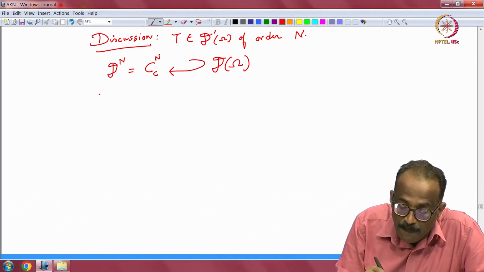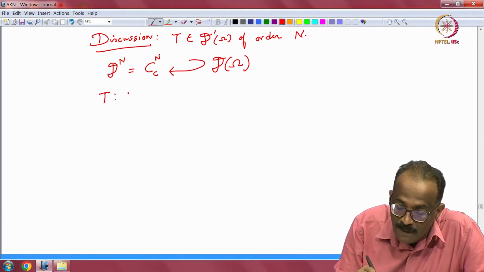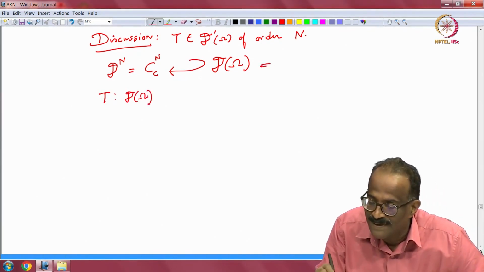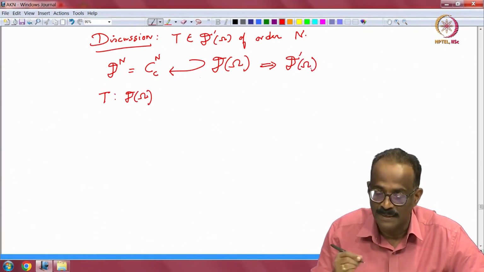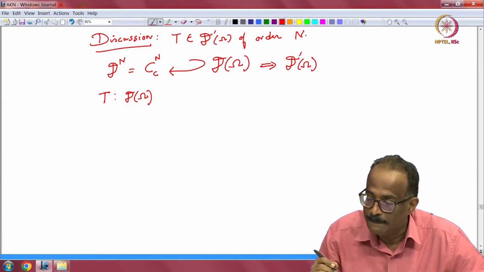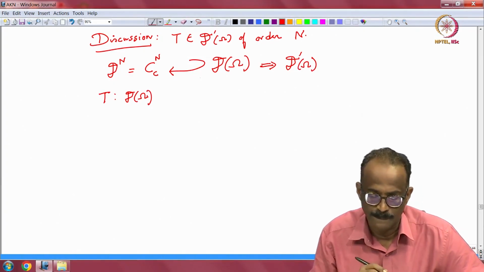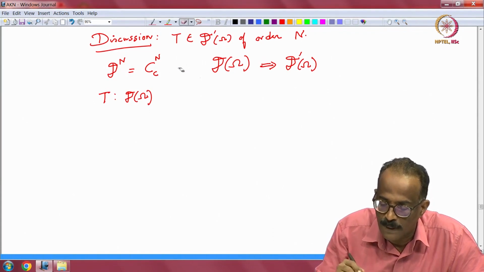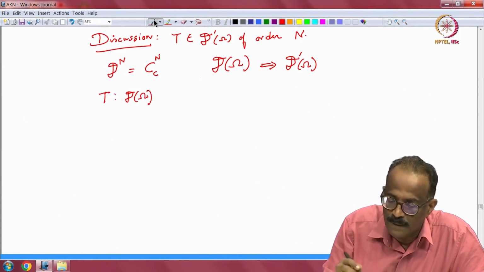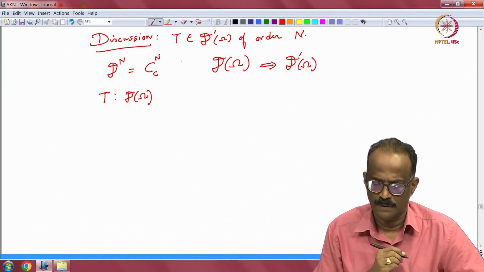So T is a mapping, and this is exactly what you want, D^n(Ω). So this implies, if you look at its derivative, the space of derivatives, which are all distributions, oh sorry, I have written something wrongly. This should be the, no, that is correct.